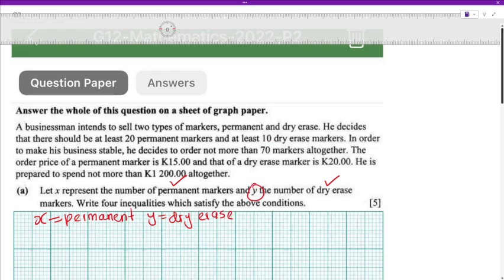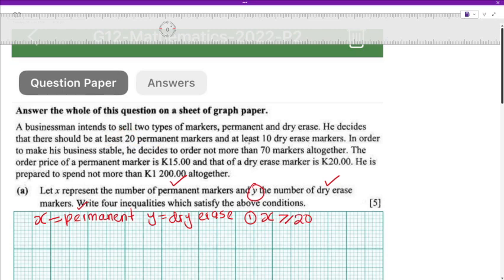A businessman intends to sell two types of markers, permanent and dry erase. He decides that there should be at least 20 permanent. So our first inequality is going to be permanent, which is represented by X. So it's going to be X. There is the word at least right here, so we're going to say greater than or equal to, what's the value? 20. Okay, we are done there.